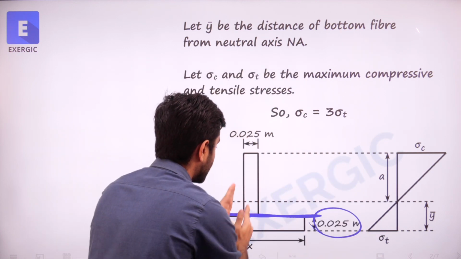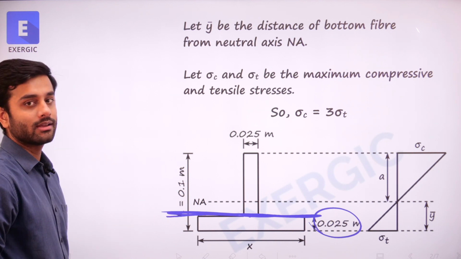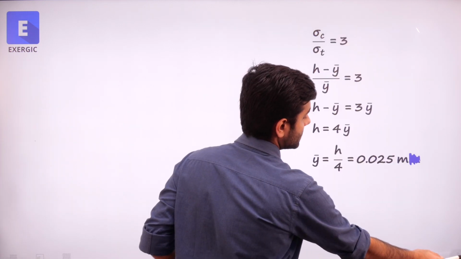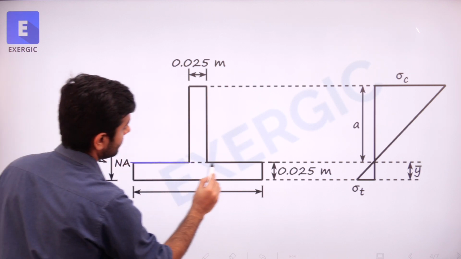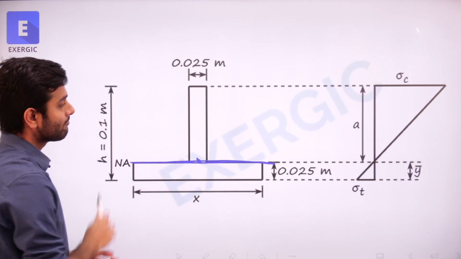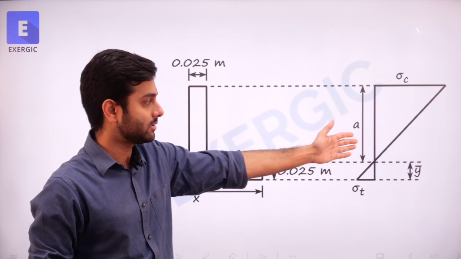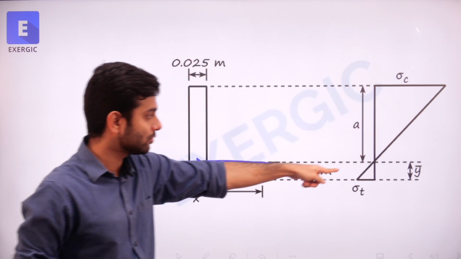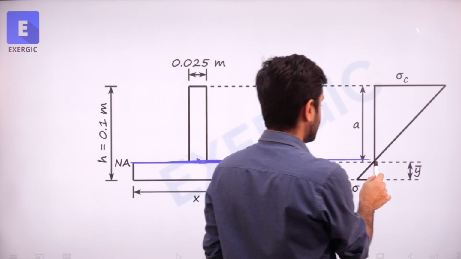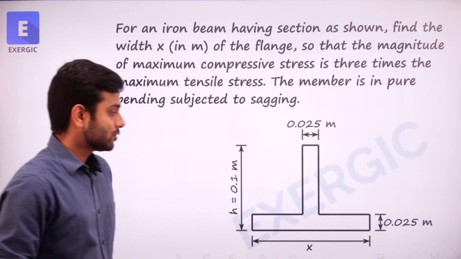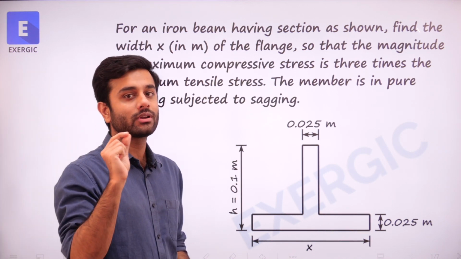This is the vertical rectangle, this is the horizontal rectangle, right? So this is how it looks like. Neutral axis passing from here, and consequently the stress variation diagram will also change in a way that at neutral axis its value now becomes 0. So we have found out the position of neutral axis, right?